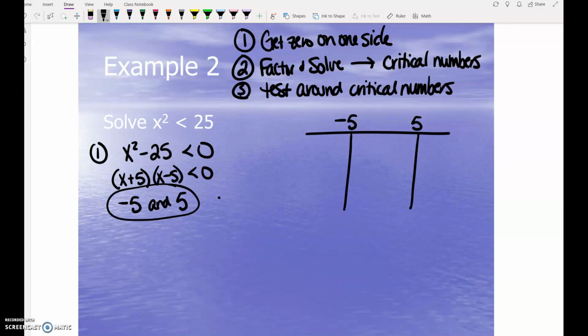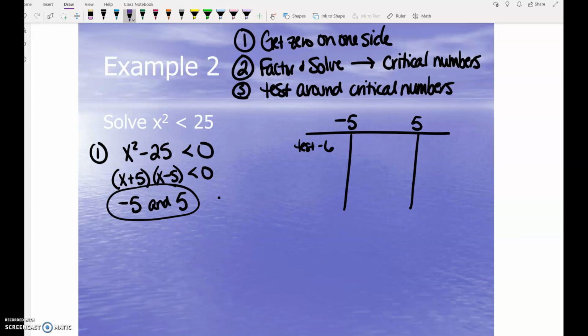Do the numbers between -5 and 5 work, or do the numbers bigger than 5 work? So less than -5, you could try -6, you could test -7, you could test -10. You can pick any number that you want that is smaller than -5. I am going to test -6, okay?